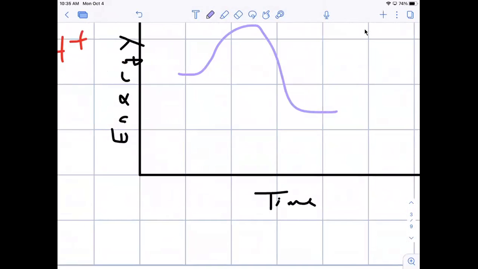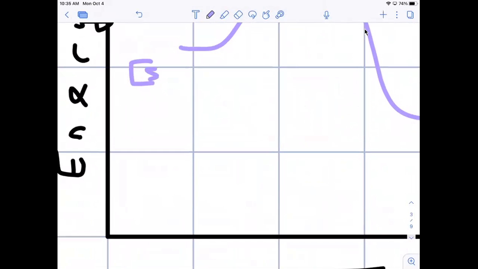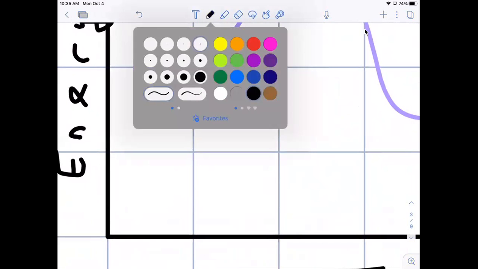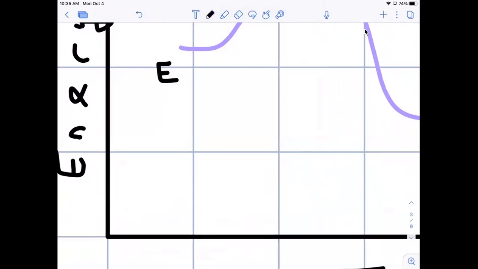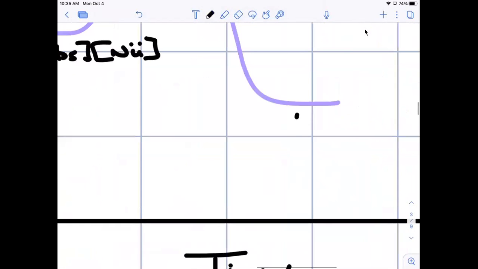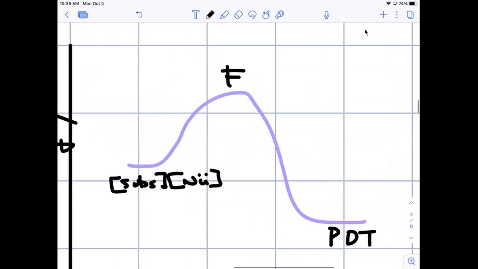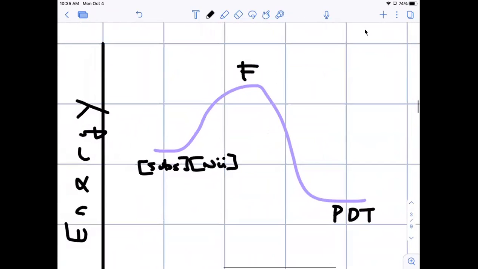So this is my substrate. Right, this is my substrate. And this is my nucleophile. And then this is my products. And of course you have here the transition state. All right. And this is aprotic.